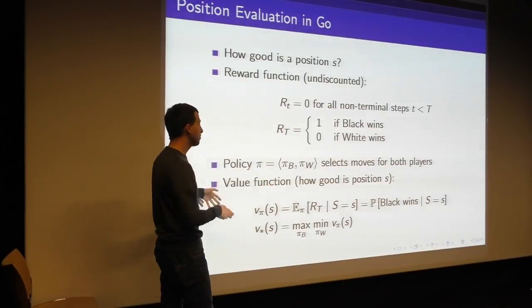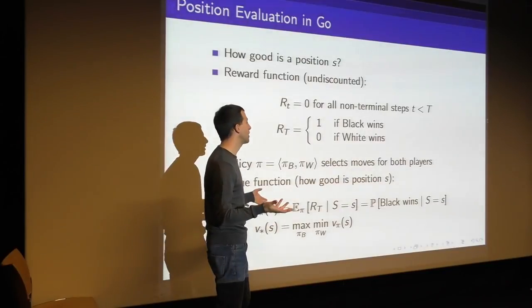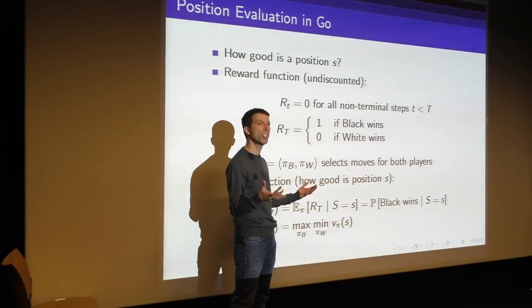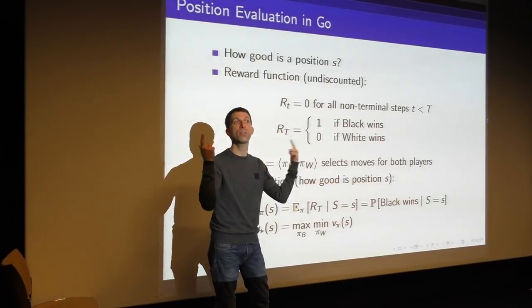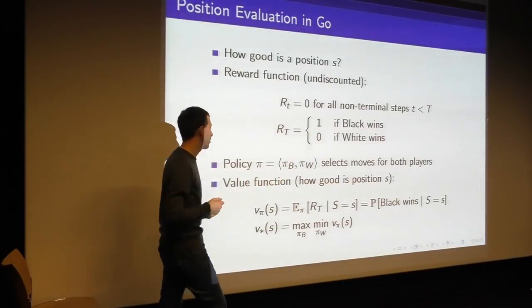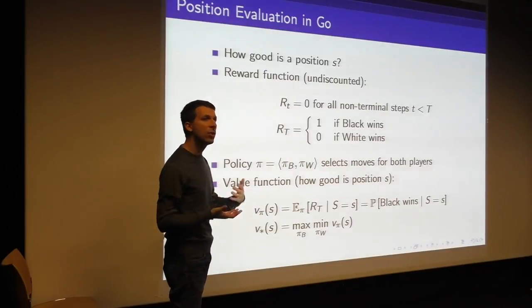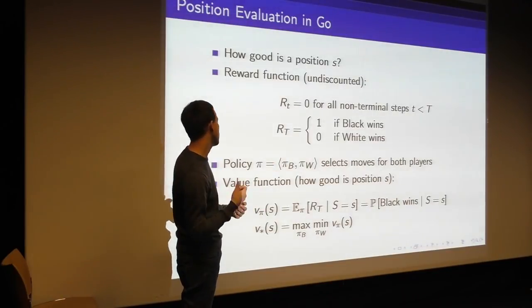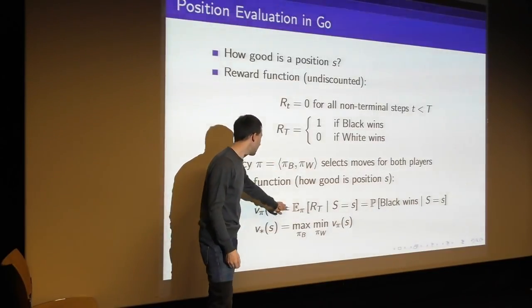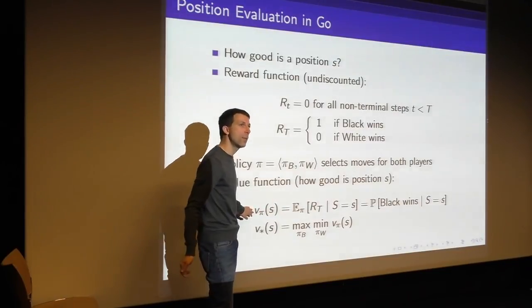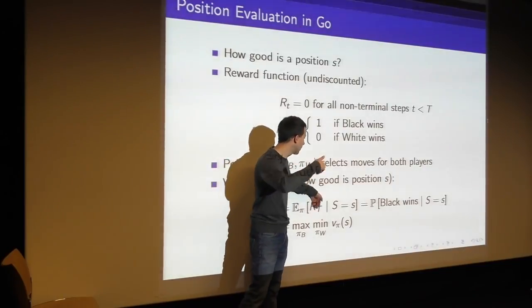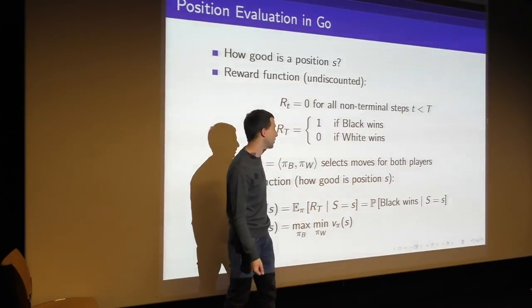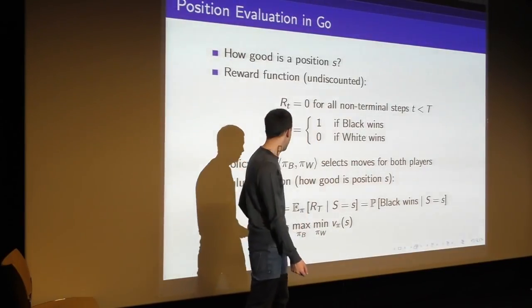We're basically going to now try and learn a value function, which essentially tells us how good is some position S. Like if I show you this board configuration, is it good? Is black going to win or is white going to win? I want to know if this thing's good. And we define it in the usual way, but because it's a two-player game, there's just a little twist. So now when we do our rollouts, when we do our Monte Carlo evaluation, we're trying to learn the expected value, like will I win on average from this position, so the probability that black wins from this position.